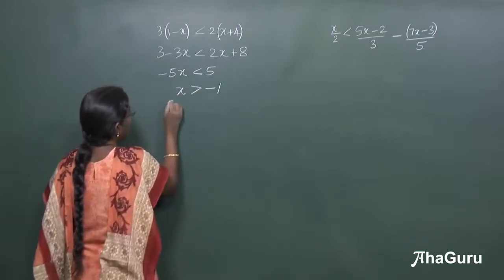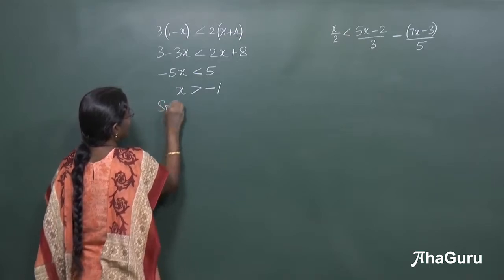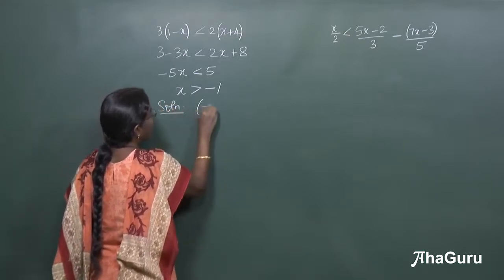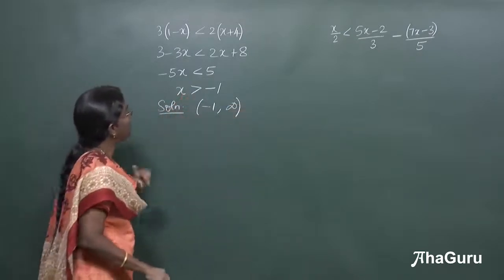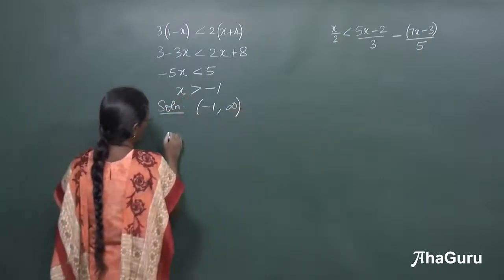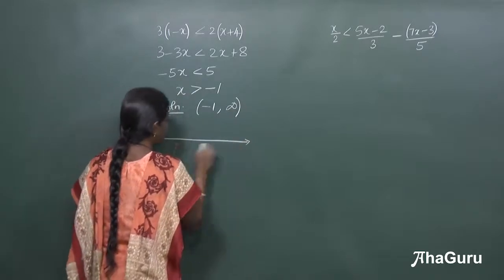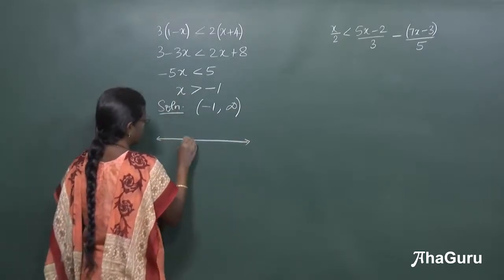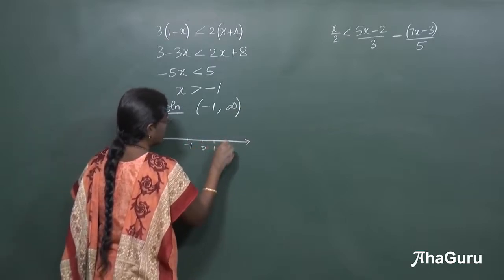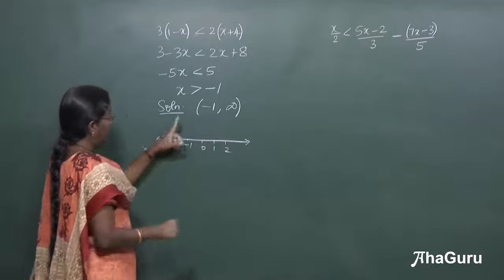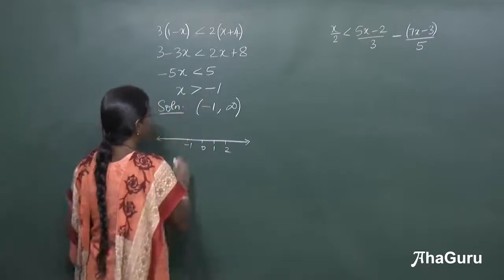So, the solution in the form of an interval will be minus 1 to infinity, all values of x which are greater than minus 1. On the real line, all values of x greater than minus 1.